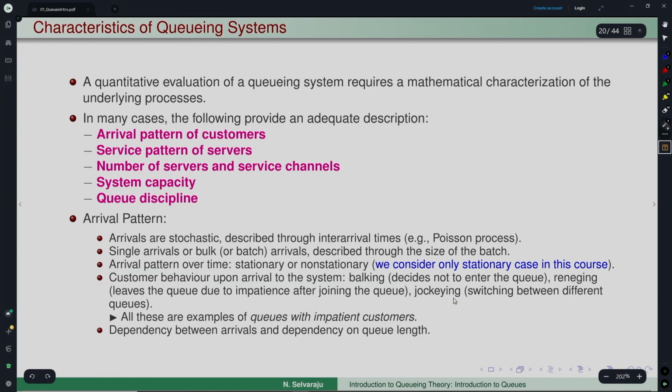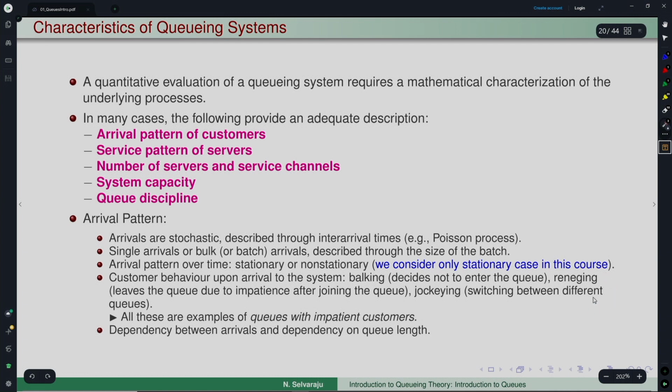After spending some time in one particular queue, this can happen only in a multi-server scenario. In a single server, of course, there is no jockeying. So in multi-server, after spending some time in the queue, you decide that the other queue is moving faster, so you switch to it. That is what is called jockeying, that is, switching between different queues.